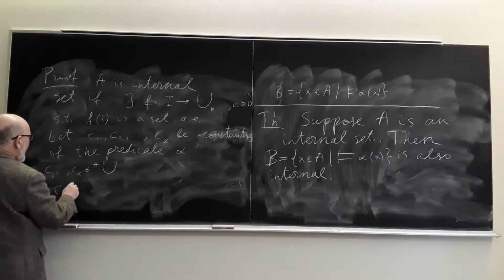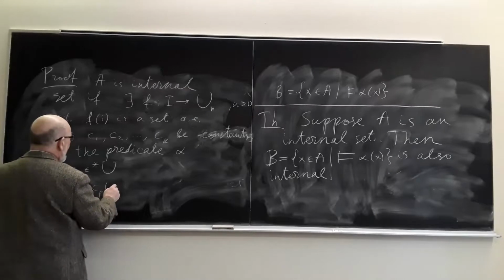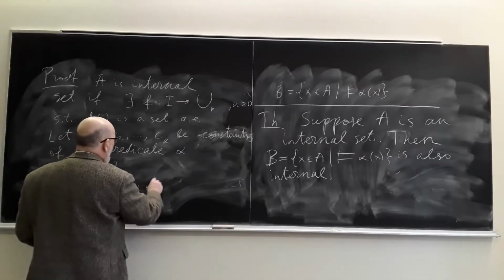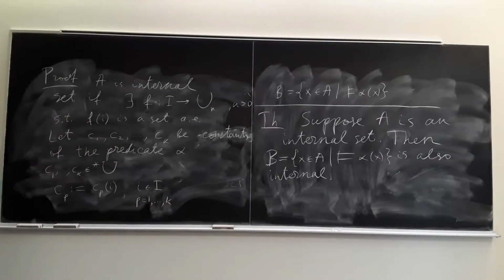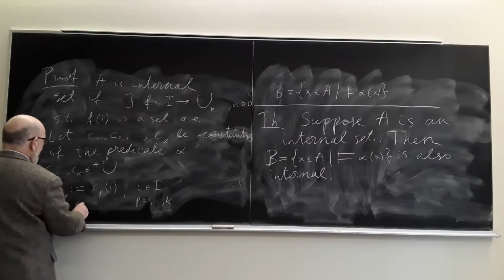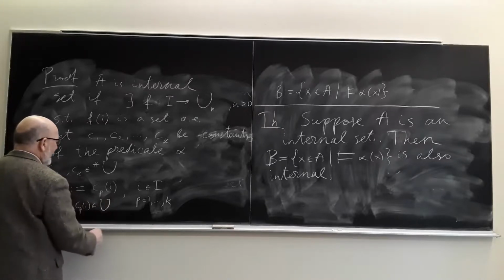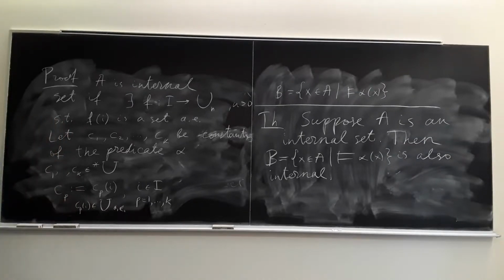Cp equals a function Cp of I. Each of them is a family of such elements, and Cp of I are elements of U, again almost everywhere. So we have parameters.